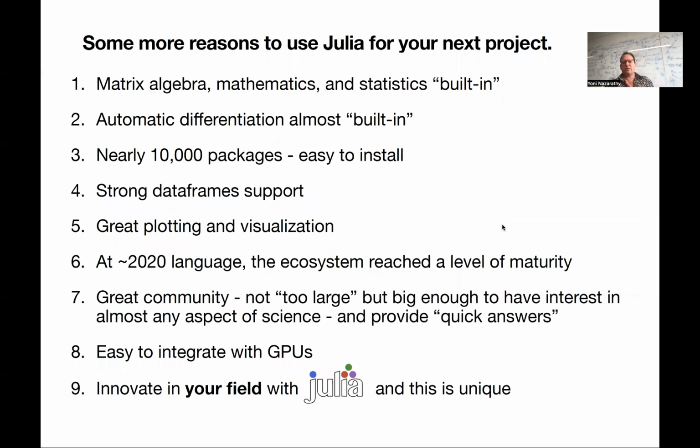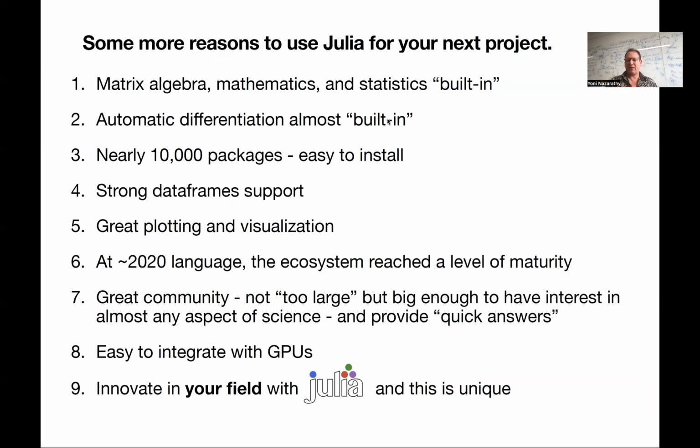So here's some more reasons to use Julia for your next project. You can do matrix algebra, mathematics, and statistics with Julia built in. Automatic differentiation, so differentiable programming. So taking some function that you've written and evaluating its derivative or Jacobian or gradient or Hessian at a given point, if that's appropriate, is almost built in.